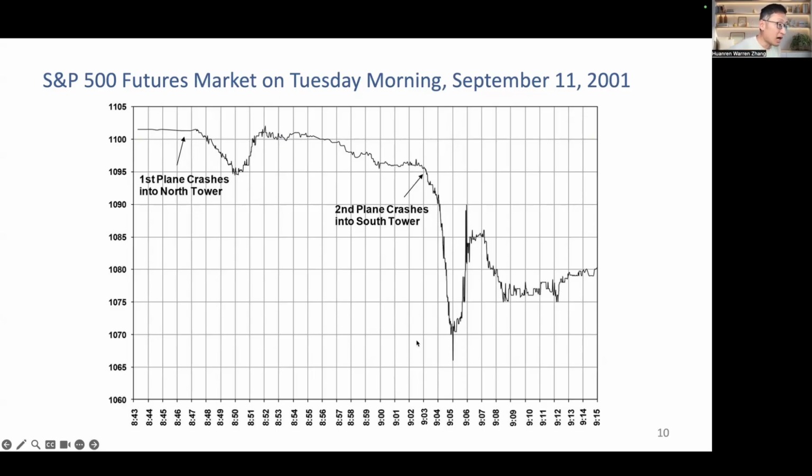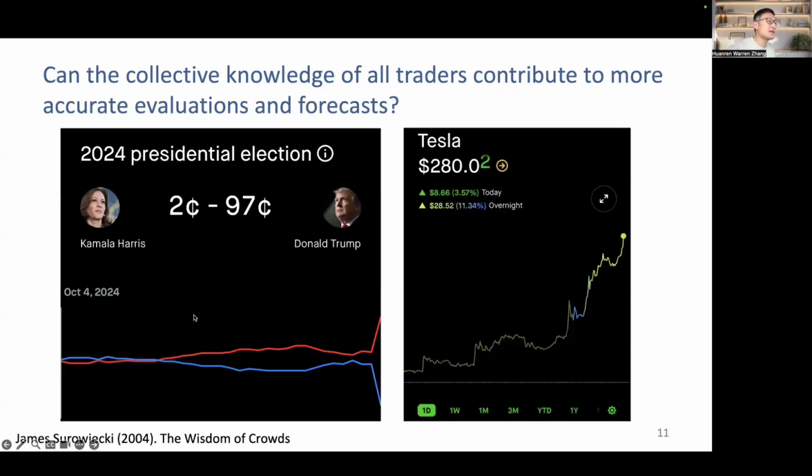And then after 9 o'clock, the second plane crashed into the South Tower, and we see this dramatic decrease. Again, just within minutes, the futures market already incorporates the corresponding information of the plane crash into the asset price.